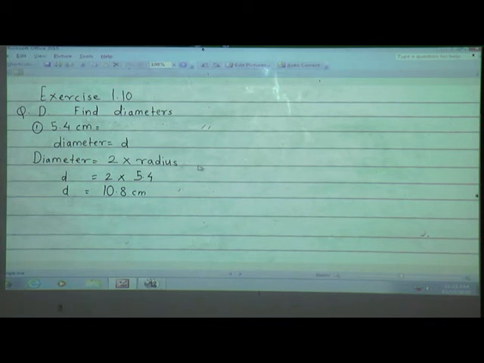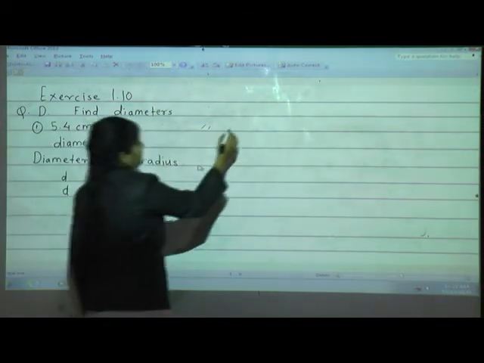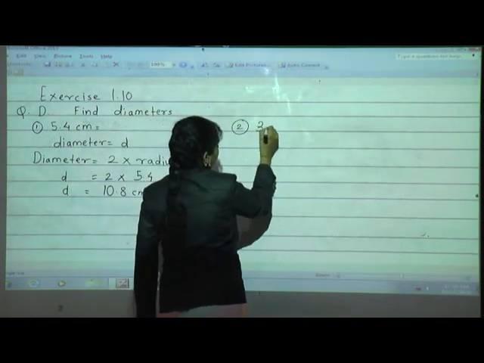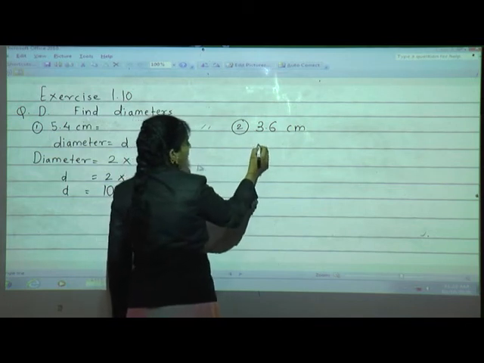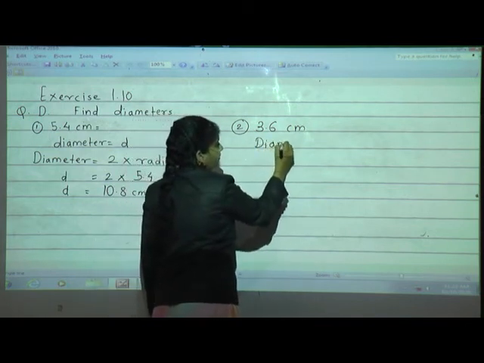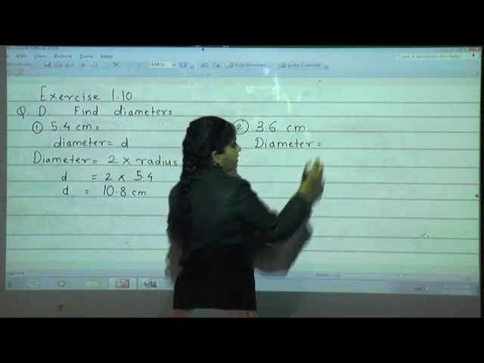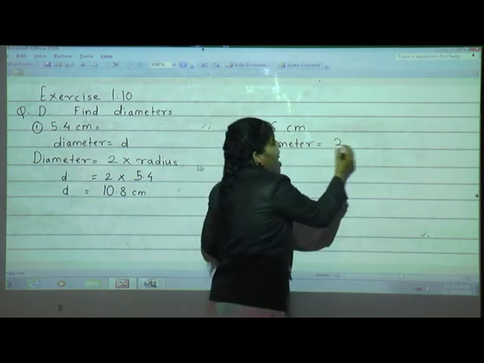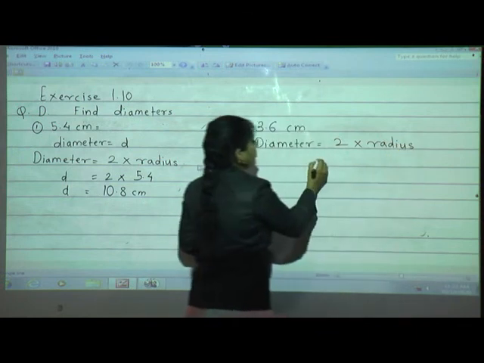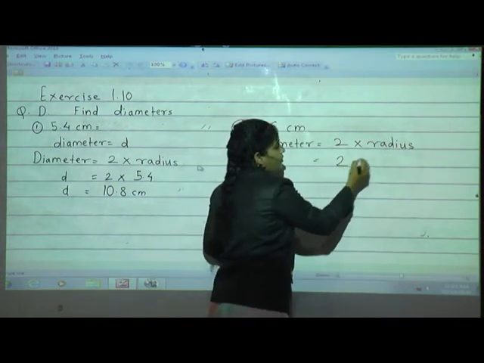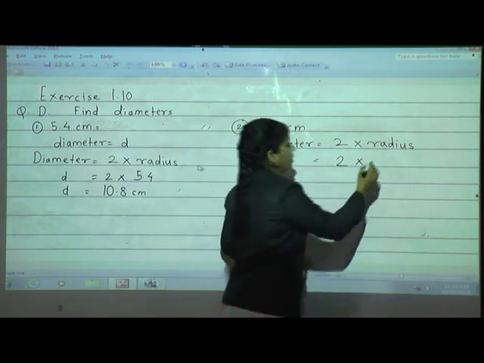So we will see our second question. 3.6 centimeter. Again, just write the formula. Diameter is equal to 2 into radius. So just 2 multiplied by 3.6.